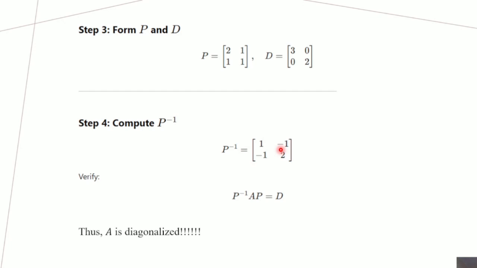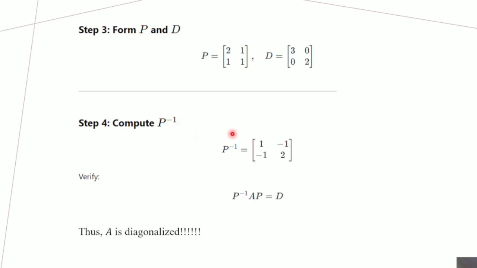This is done by swapping the diagonal values 2 and 1, and then multiplying the off-diagonal values by minus 1. This gives us P power minus 1, the P inverse.